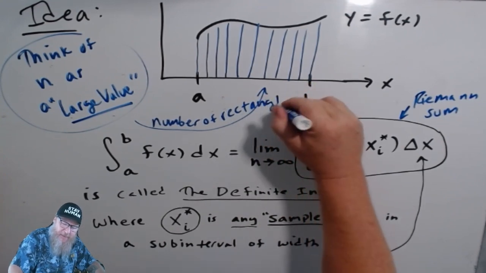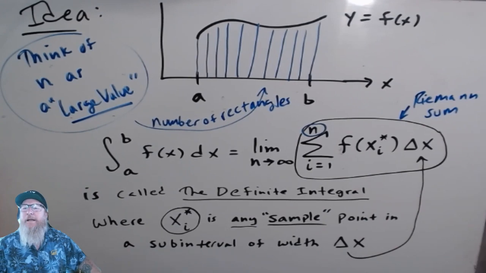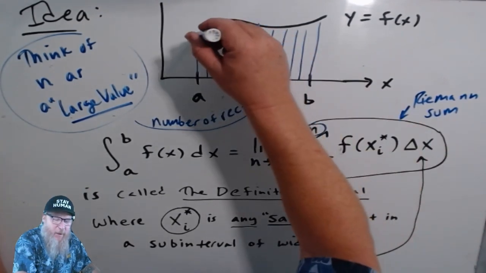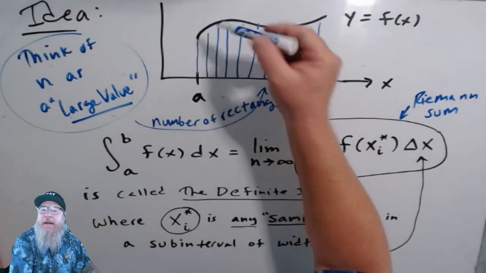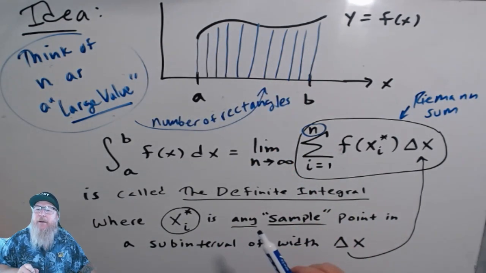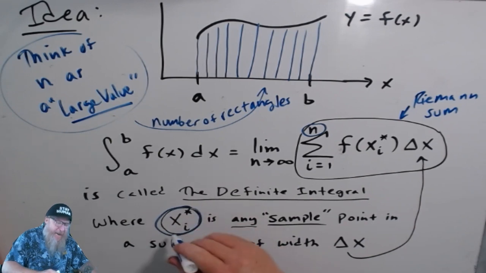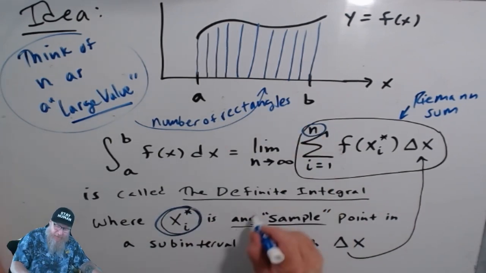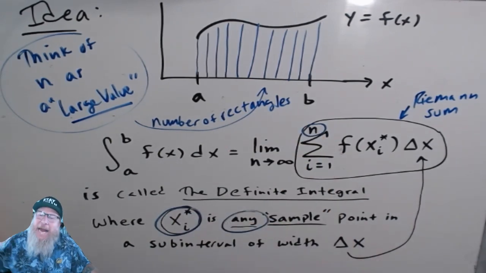And we spent a lot of time in the last couple videos, a grueling amount of time, talking about whether we were going to pick the left endpoint or the right endpoint or the middle. It turns out that it doesn't matter. We can pick any point.